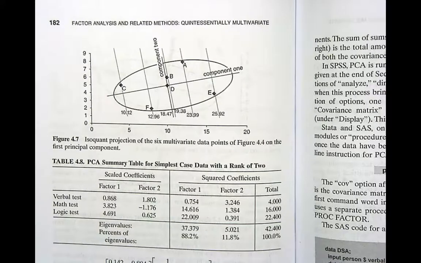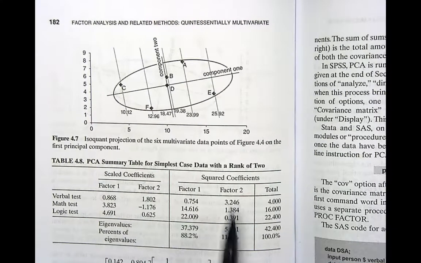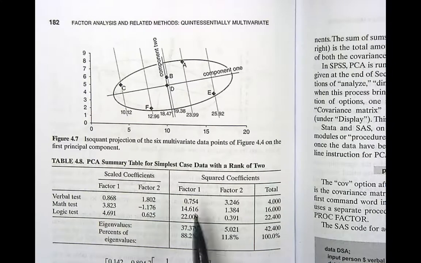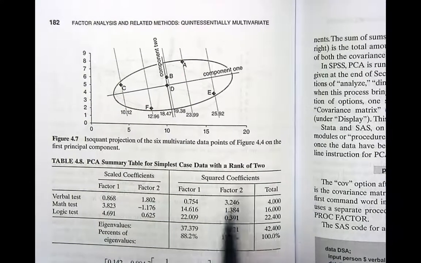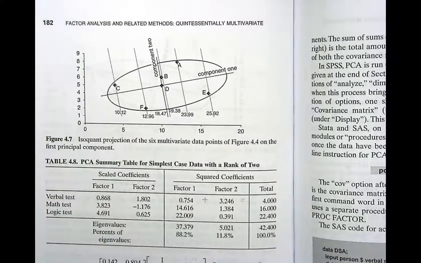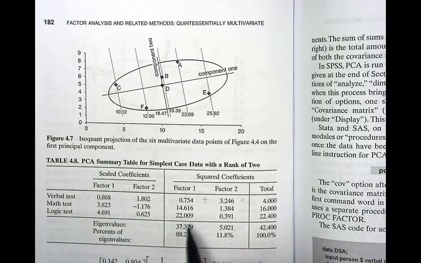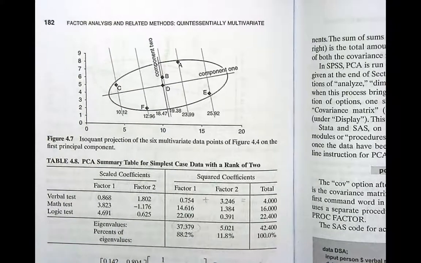Using scaled coefficients for the summary table, we just squared these and put these in the squared coefficient portion. Going down, the sum of these is going to equal the eigenvalues, as it should.